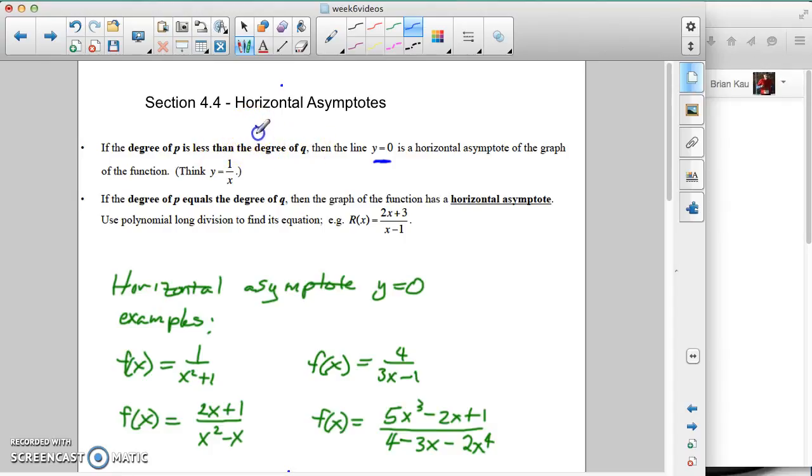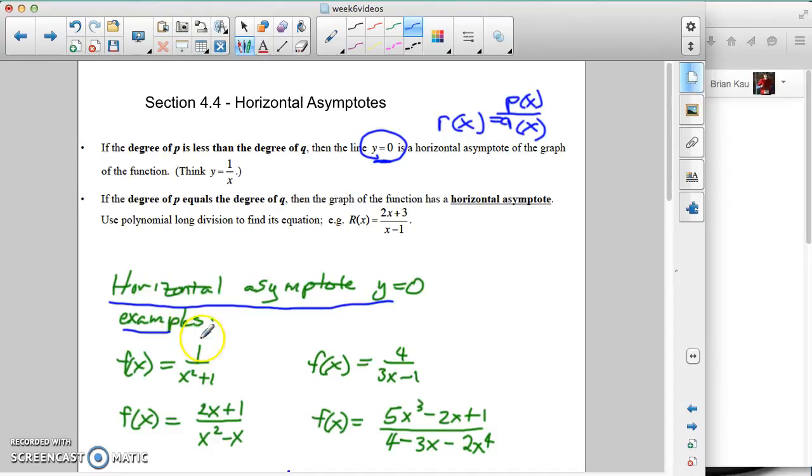So remember, our rational function was r of x equals p of x over q of x. So what we're saying here is we're always going to get a horizontal one at y equals 0 if the degree on the top one is less than the degree of the bottom one. And I've given you several examples here that have a horizontal asymptote at y equals 0.